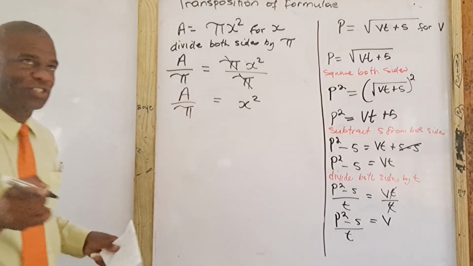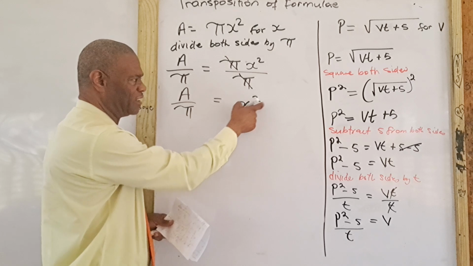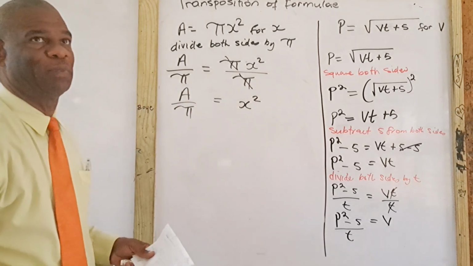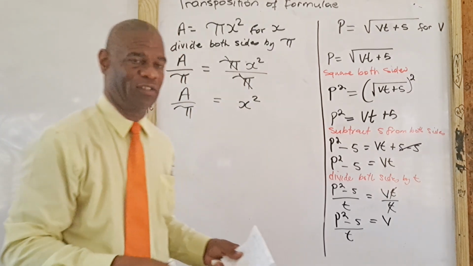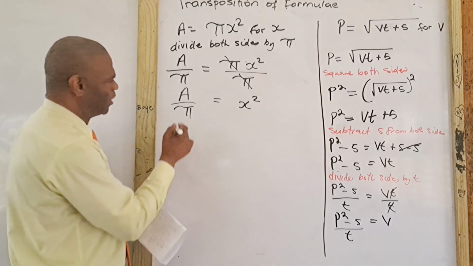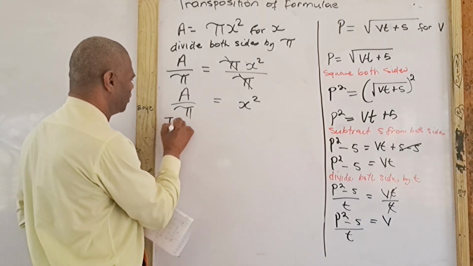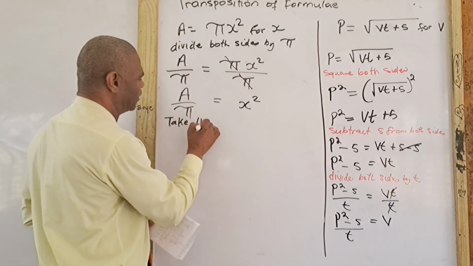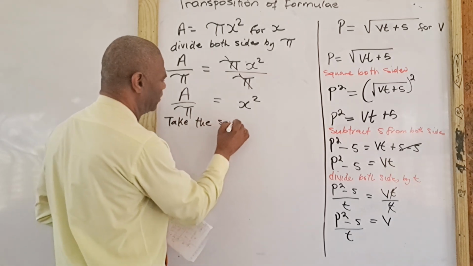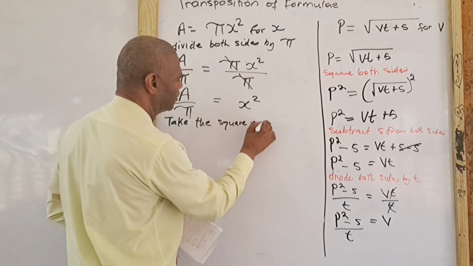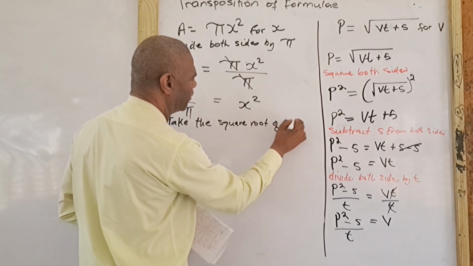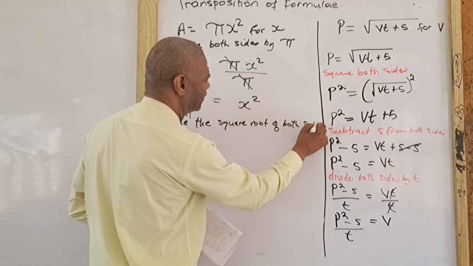Now we're not finished. We need to get rid of the square because what we want to make the subject is x. So we are going to take the square root of both sides.